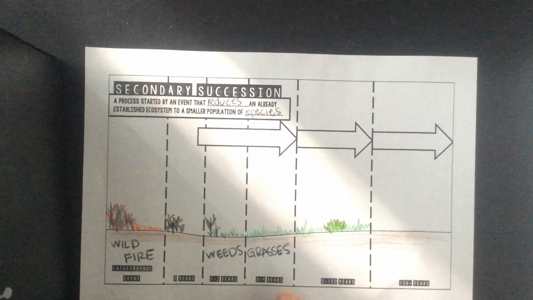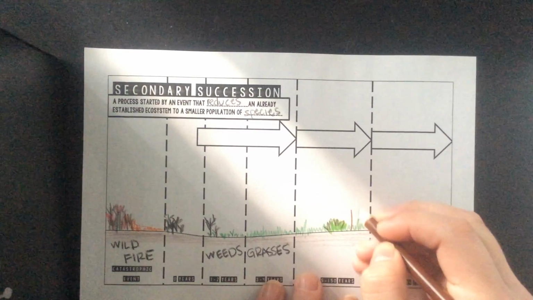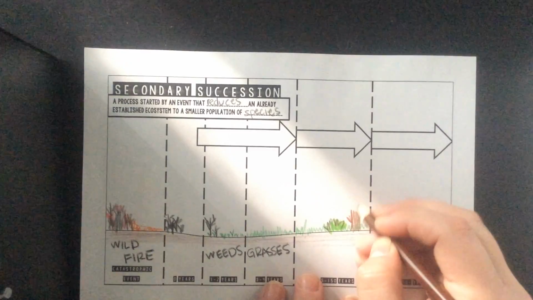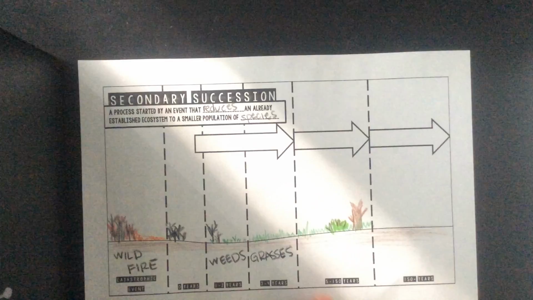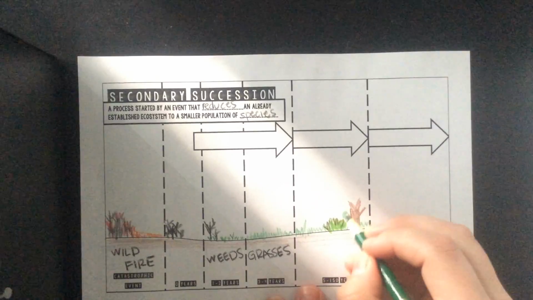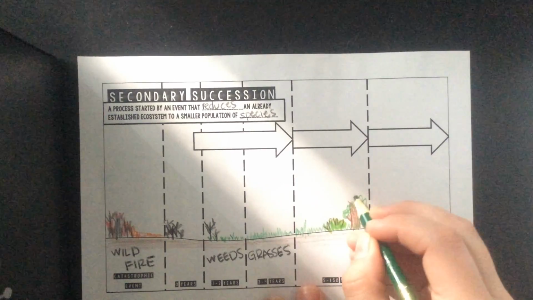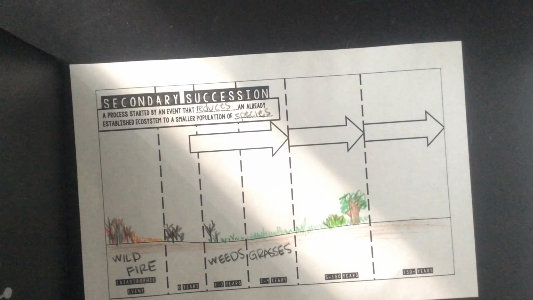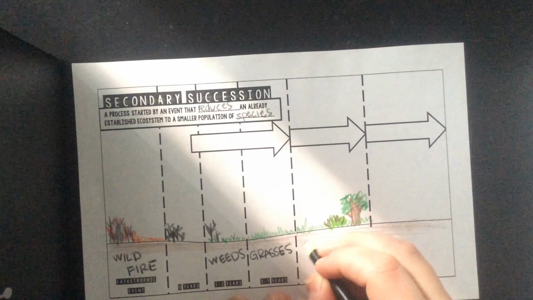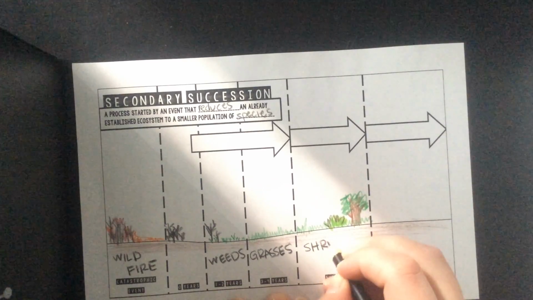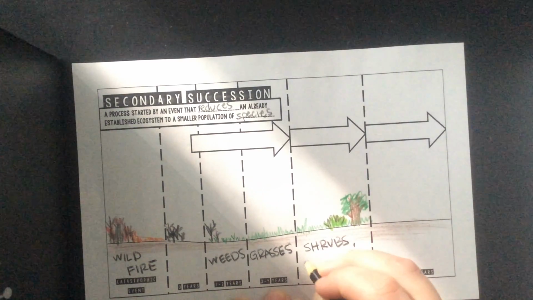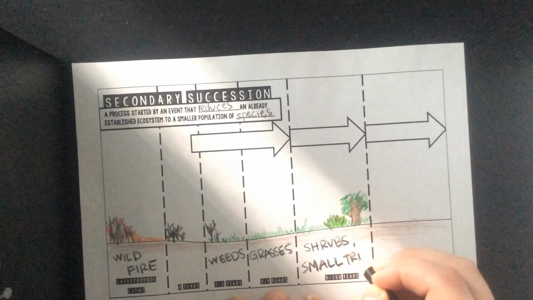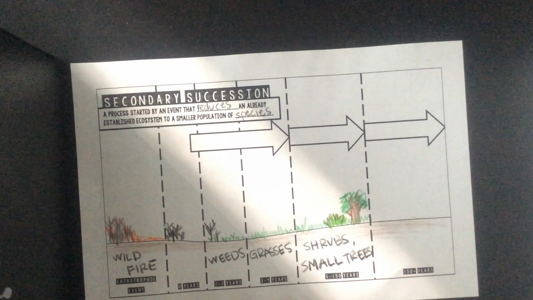So here we're going to see shrubs, and we'll also see some, just like before, with primary succession. In secondary succession, you're also going to start to see shrubs, and then next would be the small trees. So nothing too big here. Shrubs and small trees.